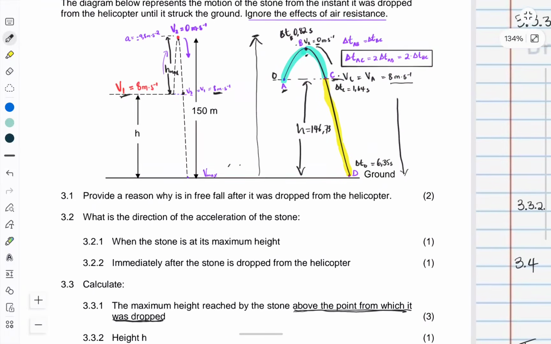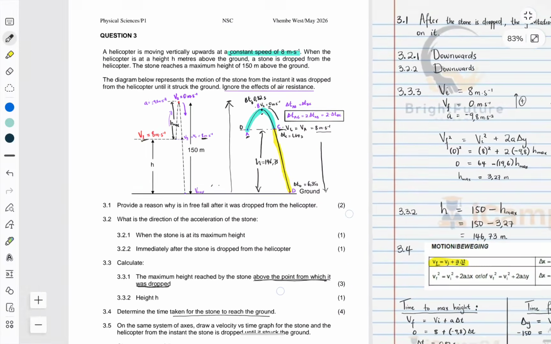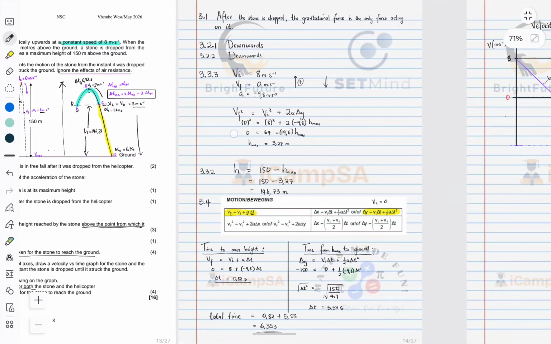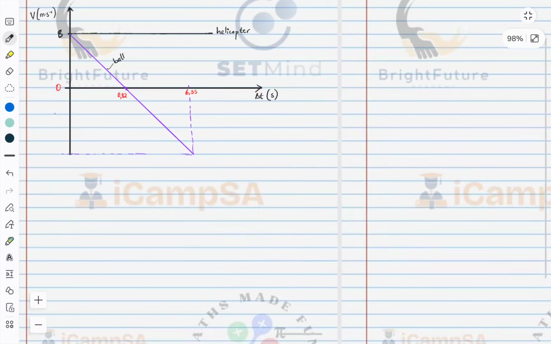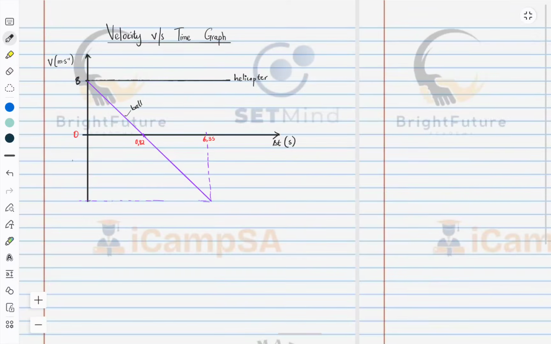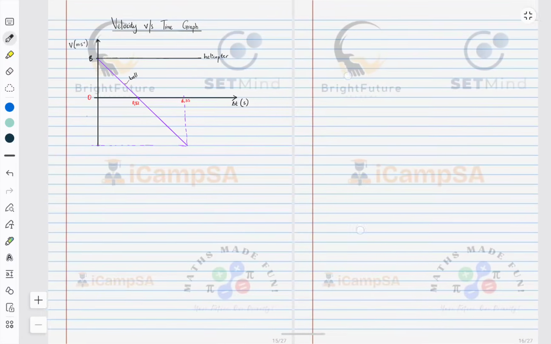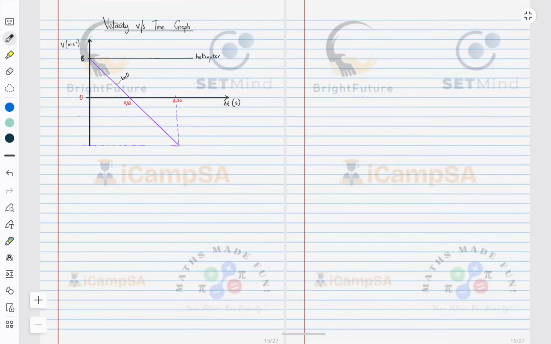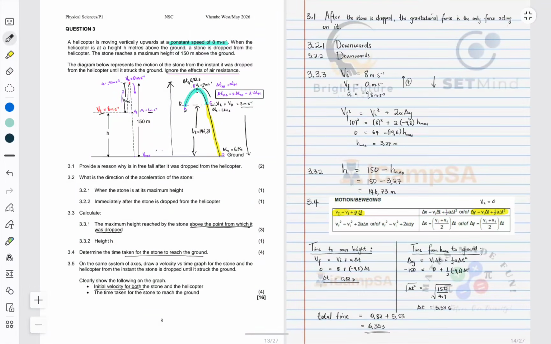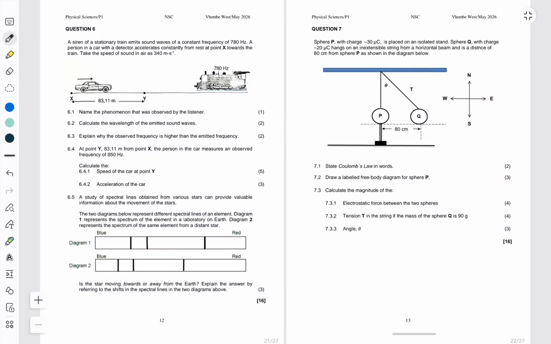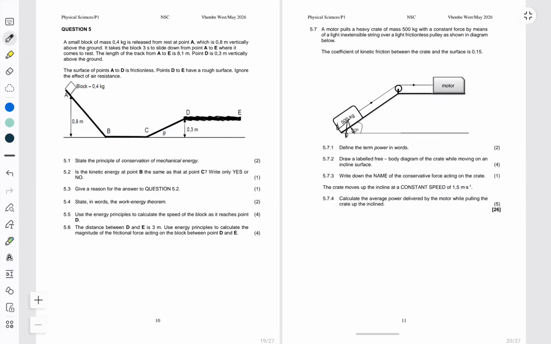I hope you understood everything, and you are more than welcome to pause the video or reach out if you need help or more explanations. Okay, so this is where we will conclude the first part of this. Then we will continue again on another video for the remaining questions, which is question 4, 5, 6, 7, and 8.